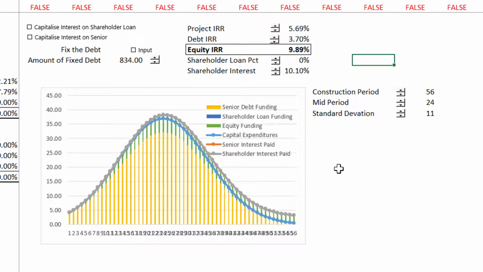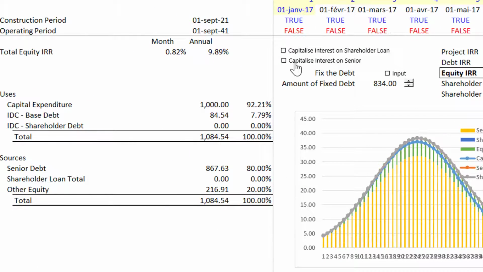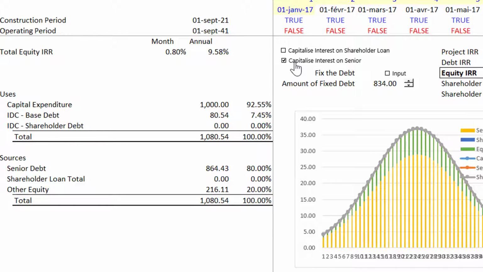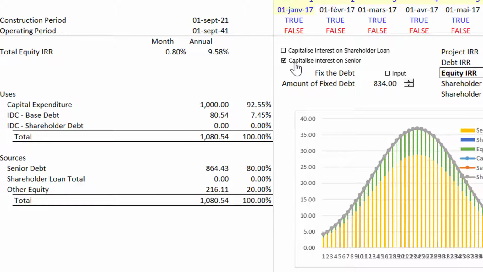Okay, and now let's just look at a couple of things. So we don't have any shareholder loan. I put it off. And now we have this IDC and the total interest. And if I capitalize the interest, it's 9.58. If I don't capitalize the interest, I guess it made a little bit more of a difference than I thought.